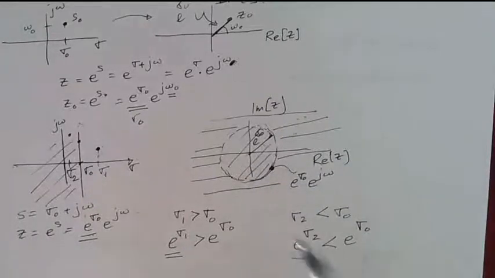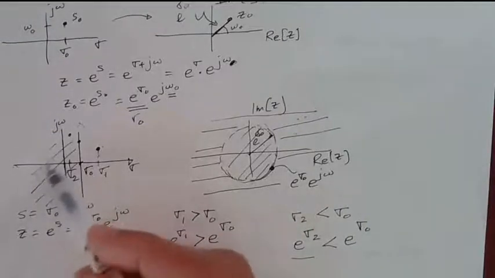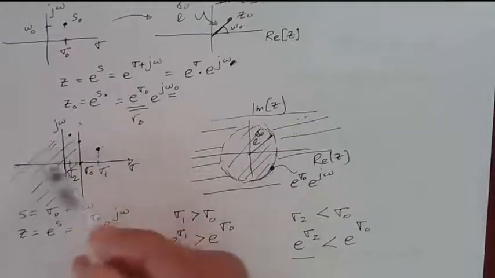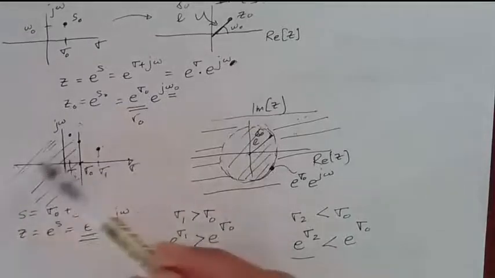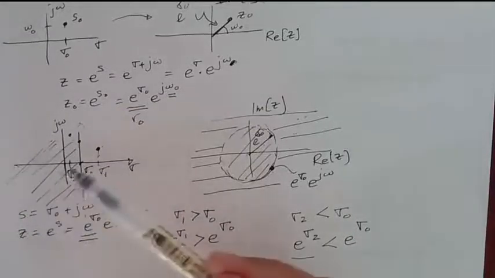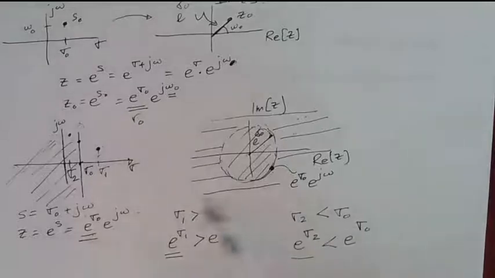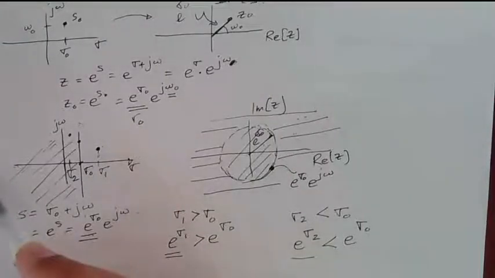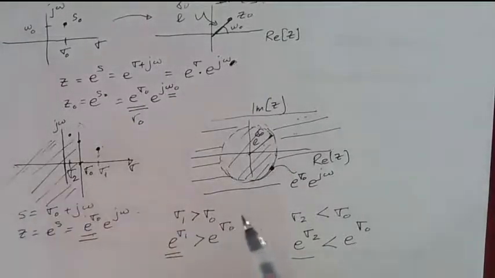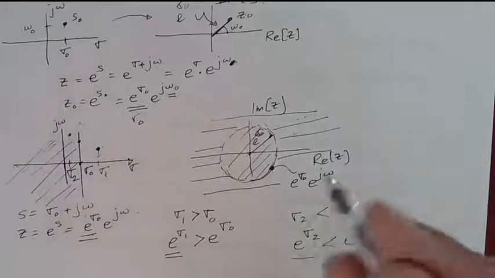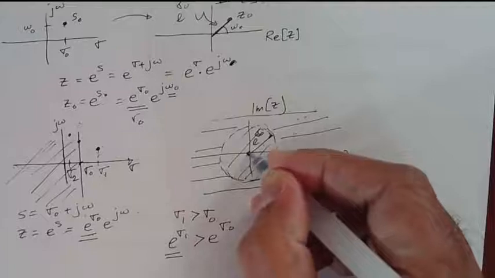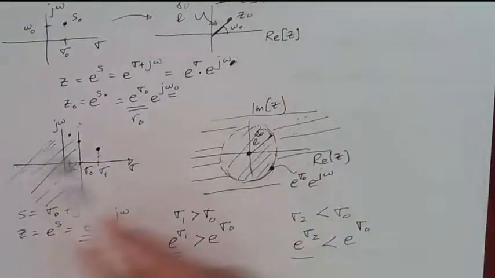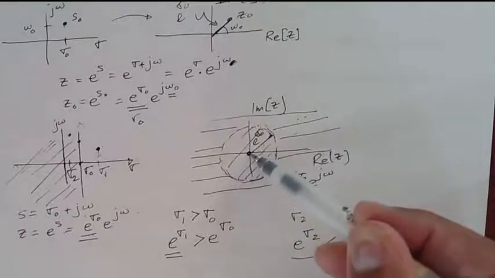Okay. There is one special point that we should mention. If I go all the way out to minus infinity, where does that point go to? Well, that goes out to a point whose radius is e to the minus infinity, which is 0. So infinity in the S-plane gets mapped into 0 in the Z-domain.